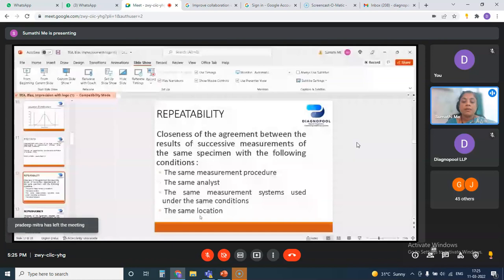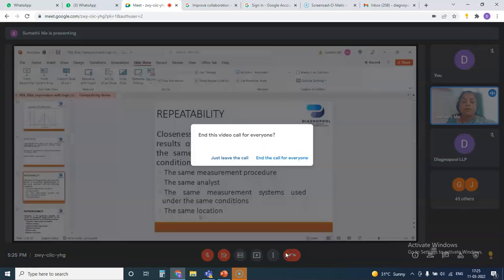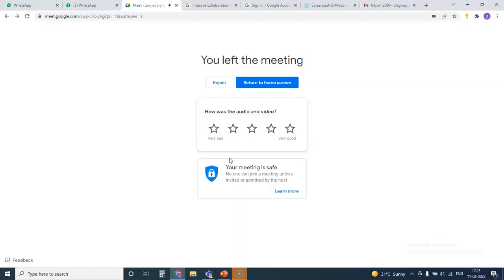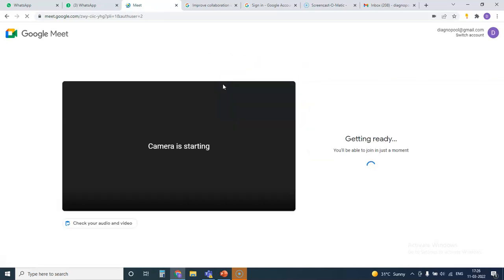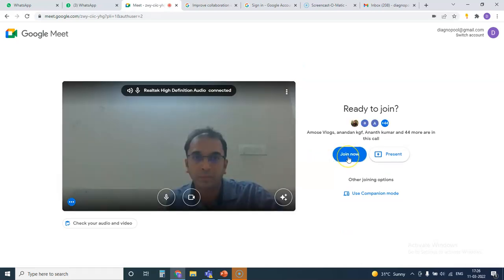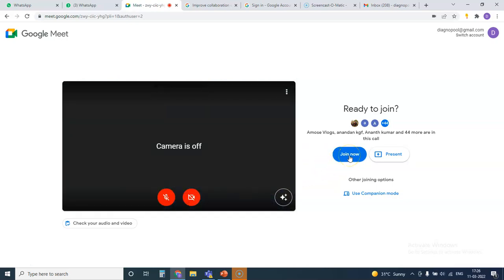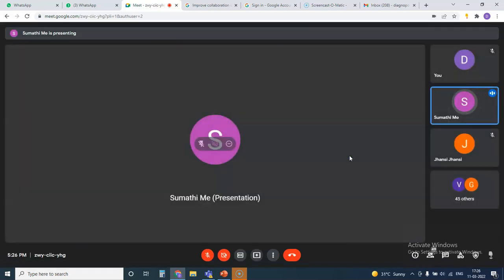So this is a very familiar diagram to all of you, just to reinforce it again. The first one represents all the data points scattered across the chart, which is not precise and not accurate. The second has closely grouped data points, but there is no accuracy.